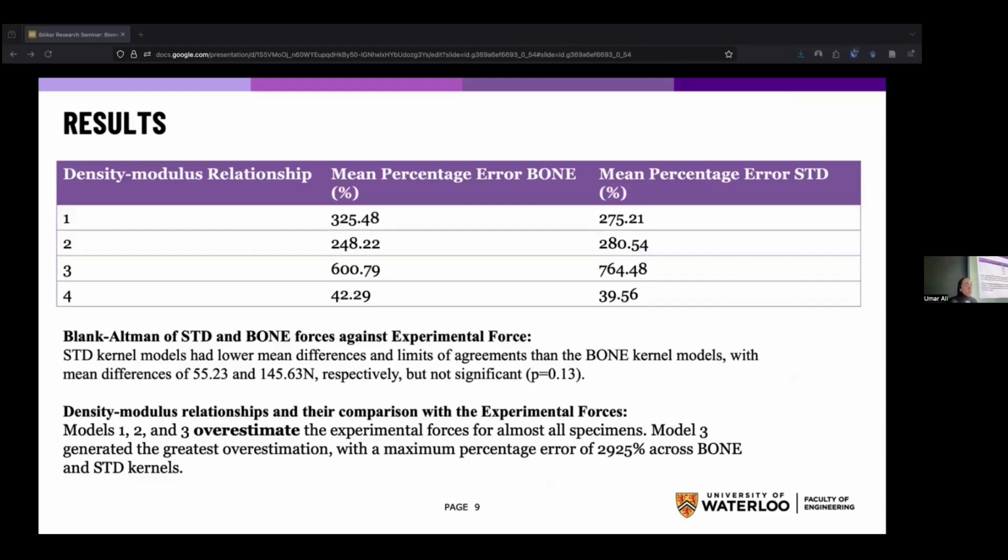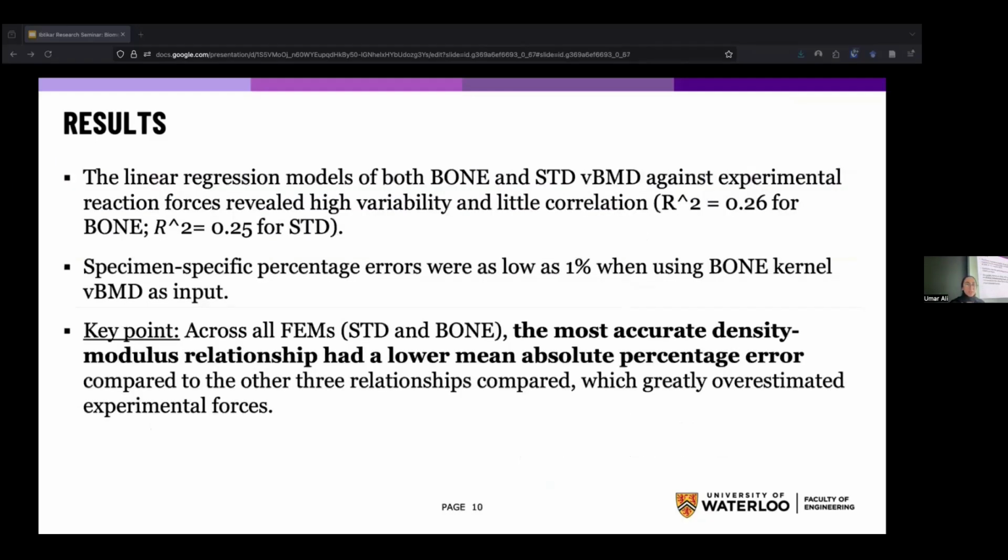As you can see here, again, models 1, 2, and 3 greatly overestimate the experimental forces as compared to model 4. We then conducted linear regression models of VBMD against the experimental force, and we can see that there is very little correlation and high variability.